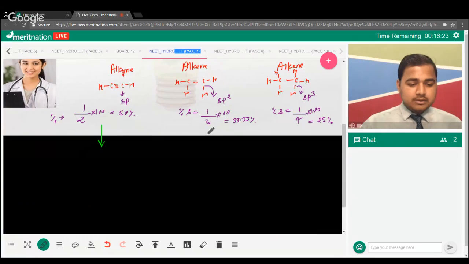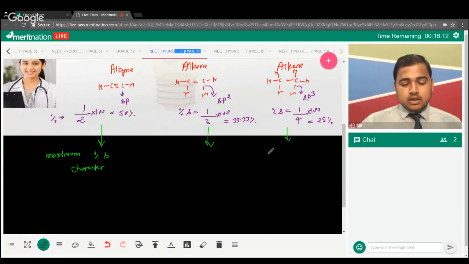So you can see here, directly connected, maximum percentage of S character, and in this one minimum percentage of S character.